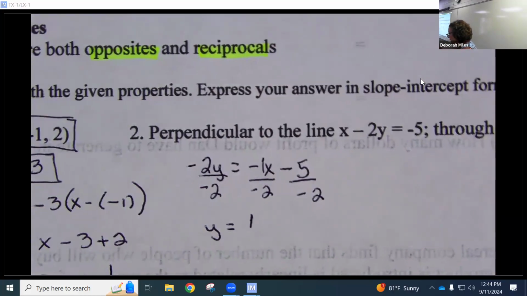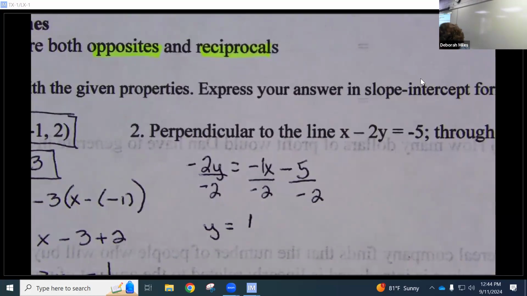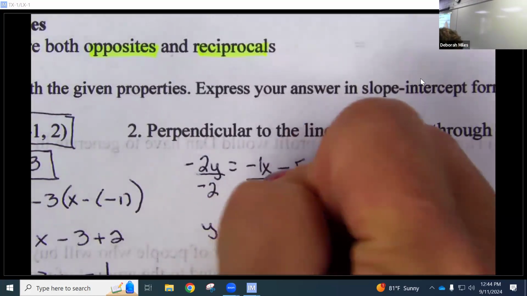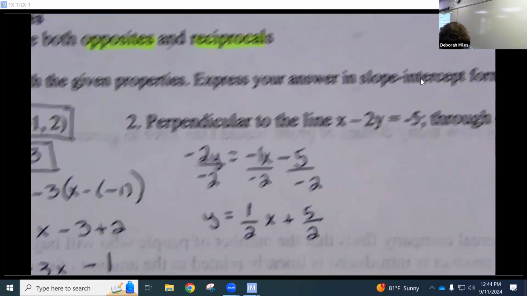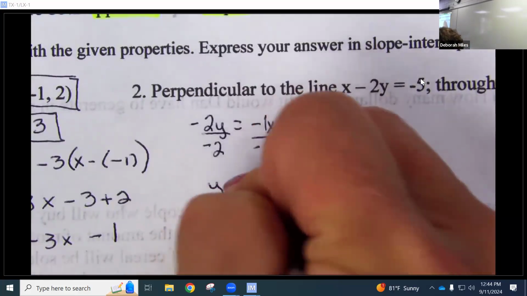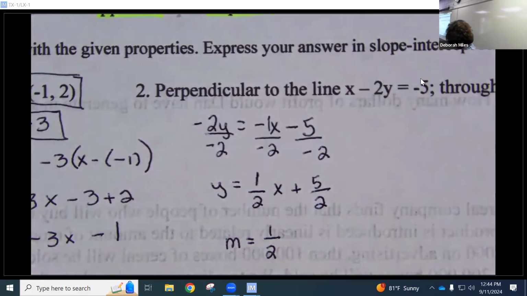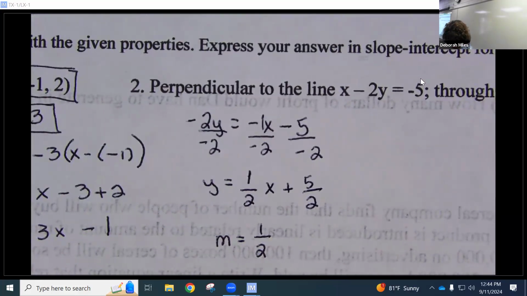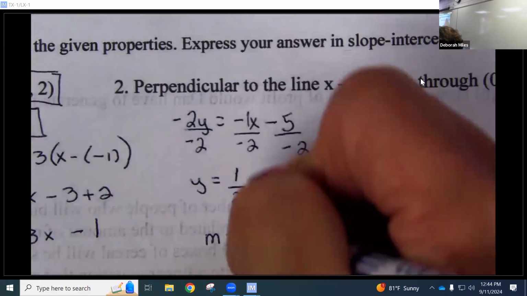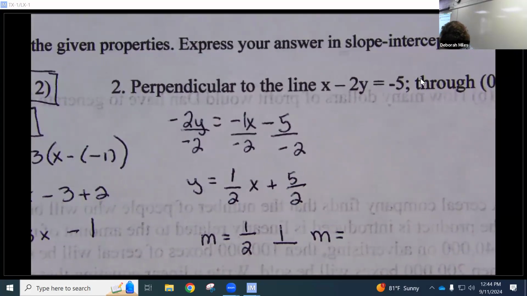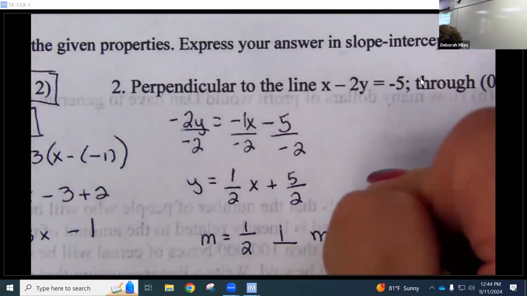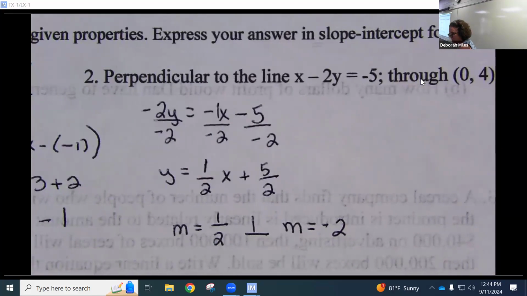I realized you're answering a different question. You were one step ahead of me. The slope of this line is 1/2. So the slope of a line perpendicular to this line would be what? -2. You did opposite and reciprocal.